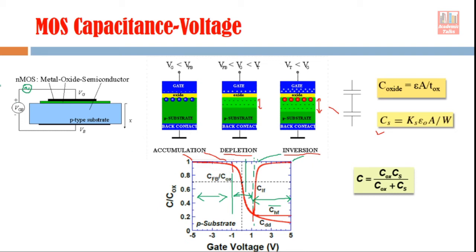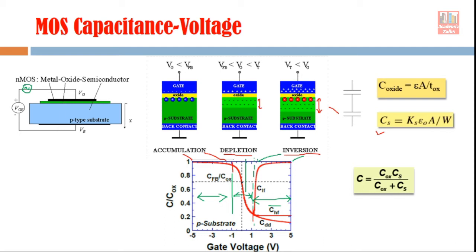But if the frequency of this AC signal is low, in that case this capacitance will increase, because low frequency signal means this AC signal is changing very slowly, and since it is changing slowly, there is enough time for carriers to generate in the depletion region. And if free carriers are generating here, then what will happen?